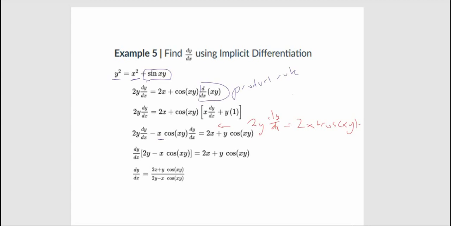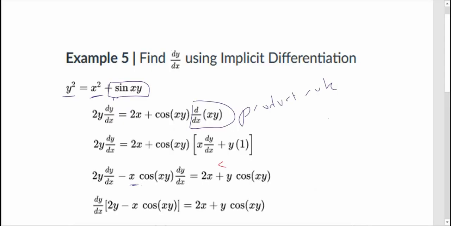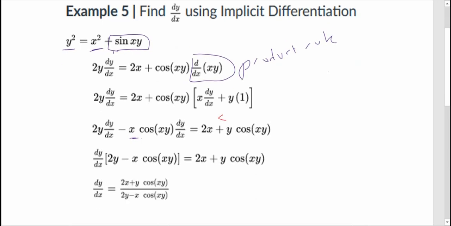Oh, I'm running out of room there. So I'm going to write that on the next line here. Hold on. Let me just scroll. Give myself a little bit more room.